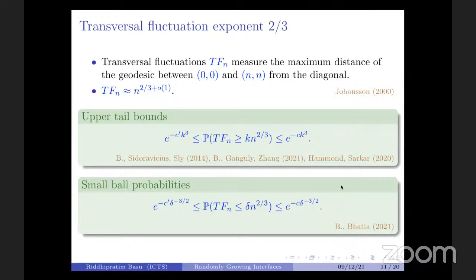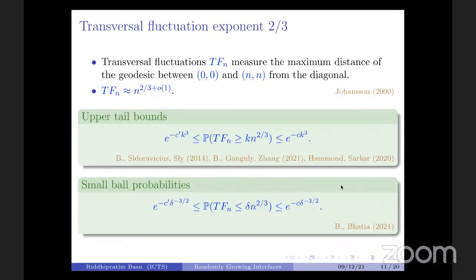The geodesic is a random curve joining two points, so you look at the straight line joining the two points, and you look at the maximum distance between the straight line and the random geodesic. This is called the transversal fluctuation. It's a very commonly studied quantity to get a handle on the geometry of the geodesic.